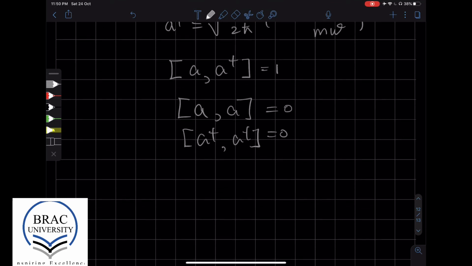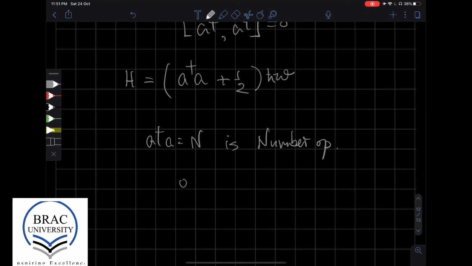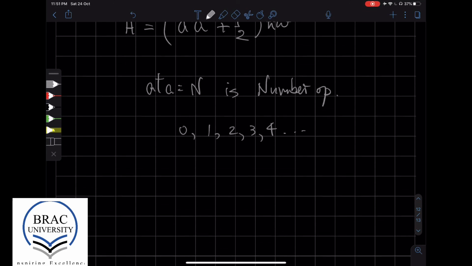And remember that the Hamiltonian can then be expressed as a bilinear of a plus half times h bar omega, where a dagger a, often written as n, is the number operator, and its eigenvalues consist of 0, 1, 2, 3, 4, ... That is, its eigenvalues are positive integers.